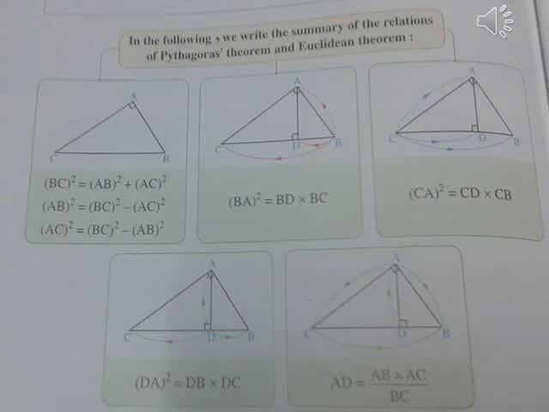EB square equals BD times BC in the second figure, but in the third figure, EC square equals CD times CB. In the first figure, DE square equals DB times DC. In the last figure, ED equals EB times EC over BC.